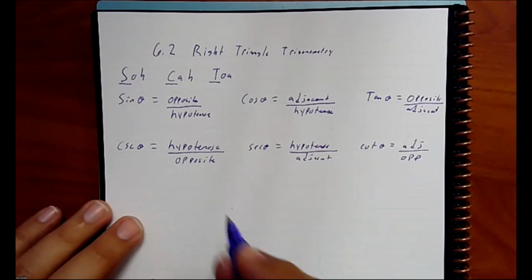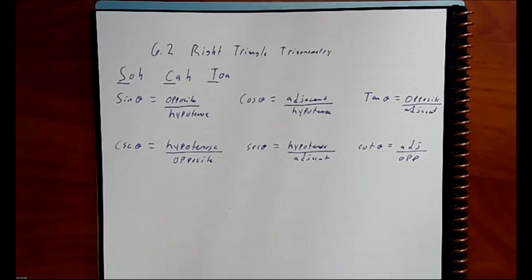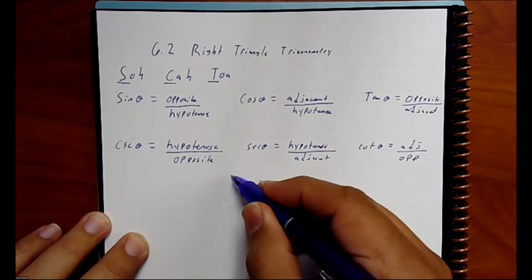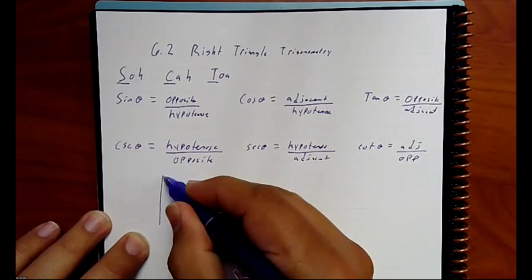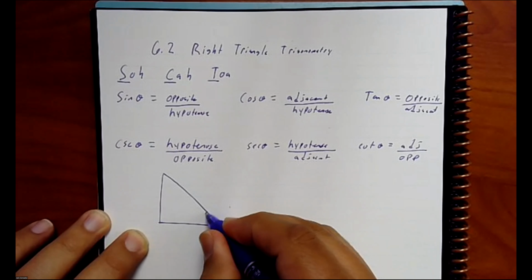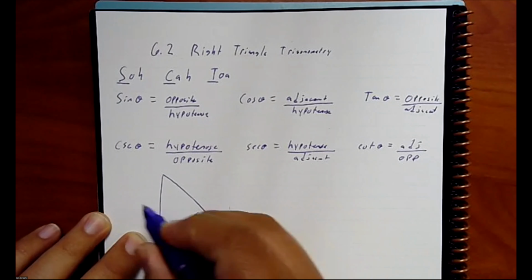Okay. Now, when I'm referring to opposite, etc., I'm referring to a specific angle. So you choose the angle. If I build a right triangle like this and I put theta right there, that means opposite would be over here.